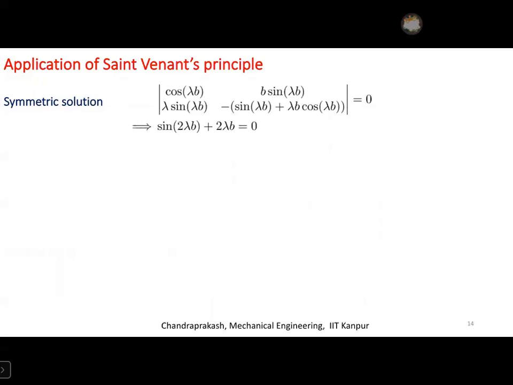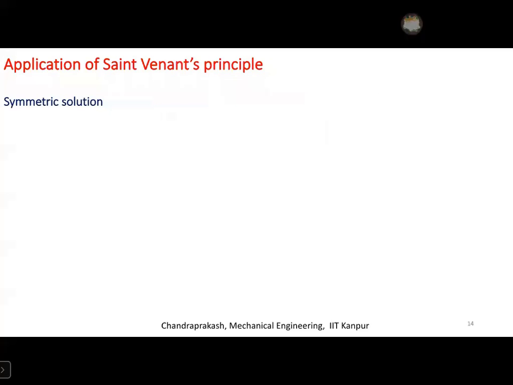And when you do that, you end up with one equation, which is sine 2 lambda b plus 2 lambda b equals 0, which means your lambda should have only specific values as given by this equation.